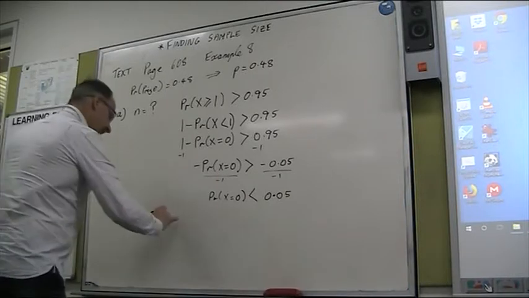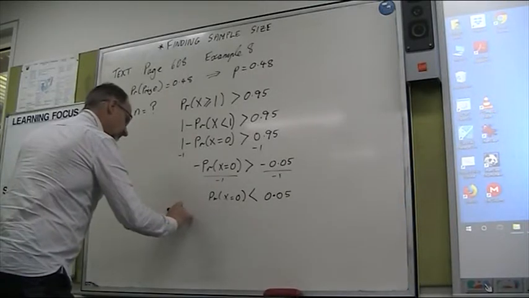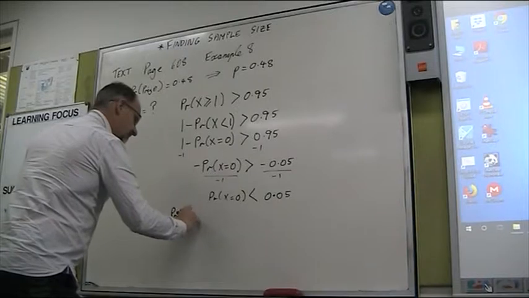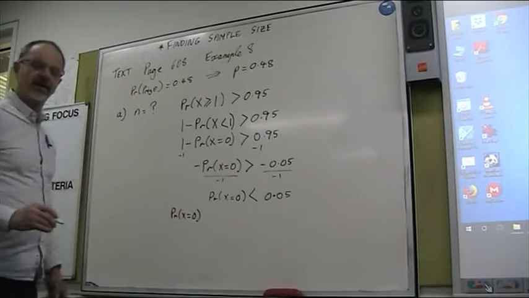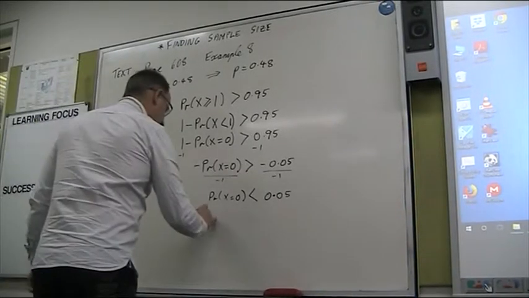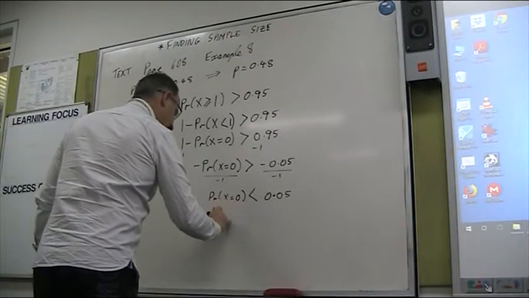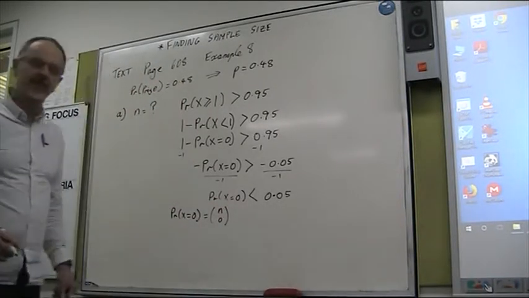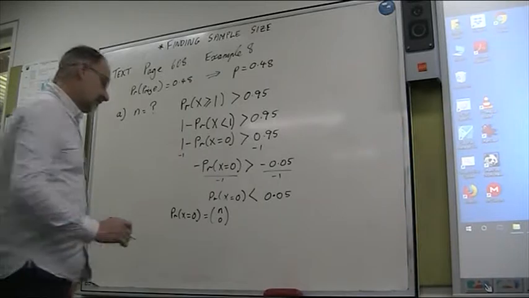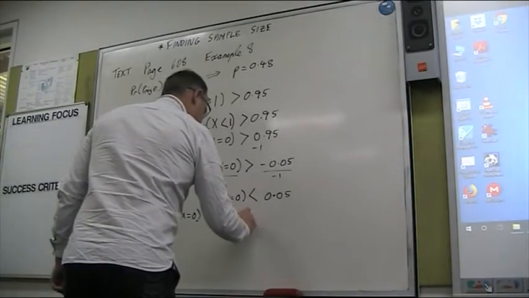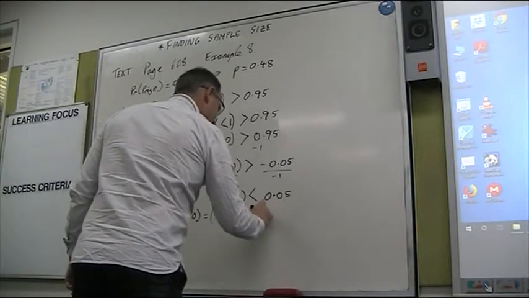So the probability that x equals 0 is n above 0 times 0.48 to the 0.